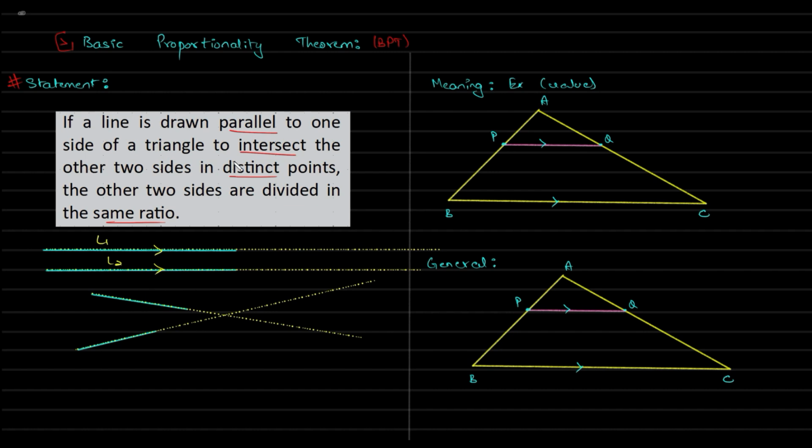Next, intersecting. This is the point of intersection of line 3 and line 4. Intersecting means they are meeting at a point. Line 1 and line 2 will never meet. Distinct. Here, point A and point B are said to be distinct. What does it mean? They are two different points.